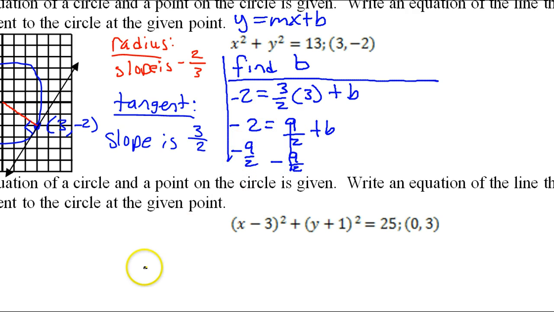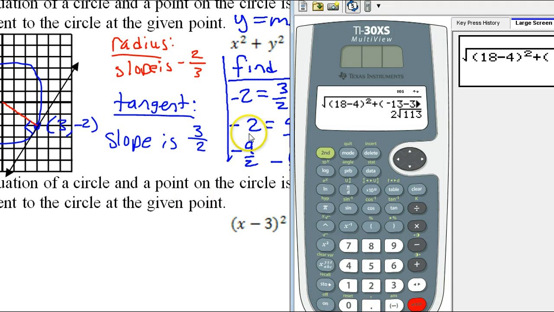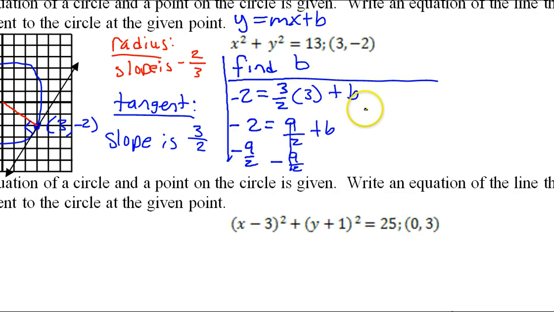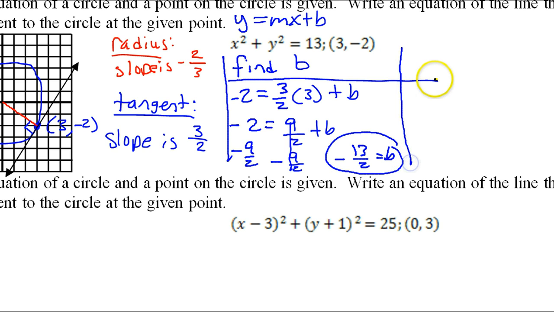Now let's just use the calculator. Negative 2 minus 9 over 2 is negative 13 over 2. So b is negative 13 over 2. Now I have both of the things I need: I have the slope, m, and I have the y-intercept.